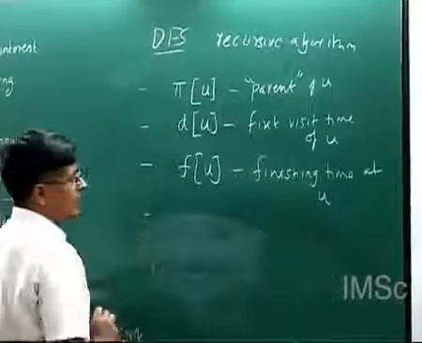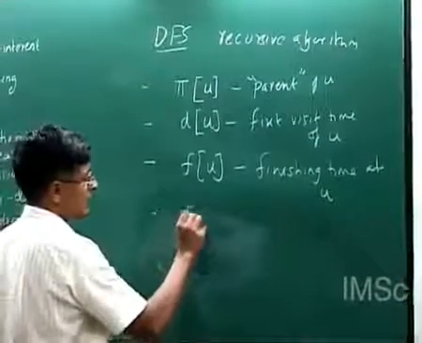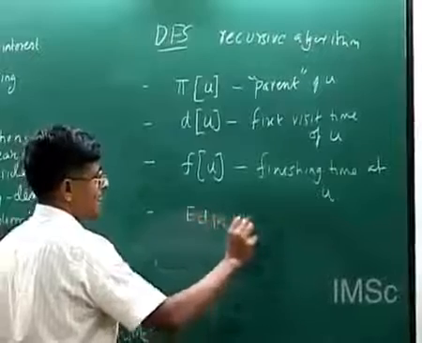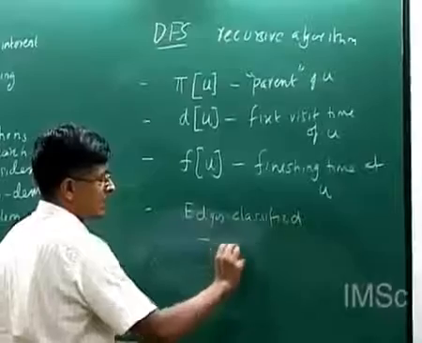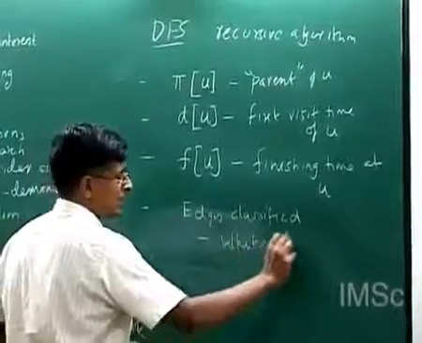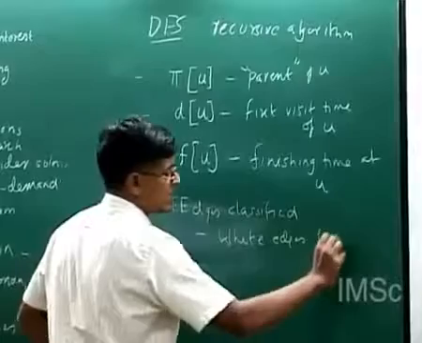Then the edges are classified, and let me call this classification white edges. In other words, these are tree edges.